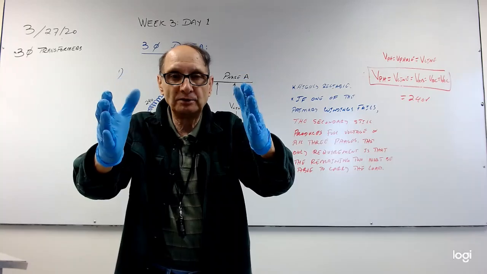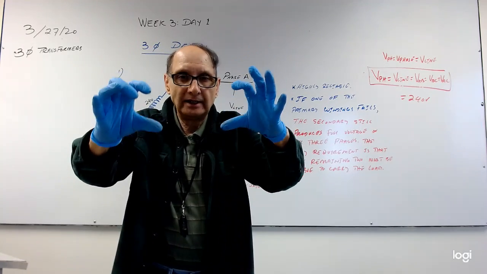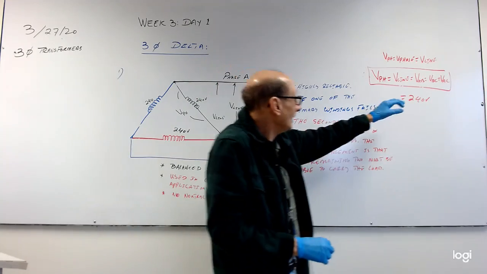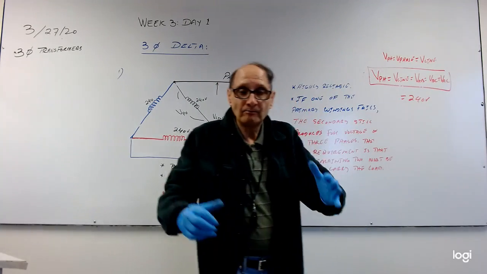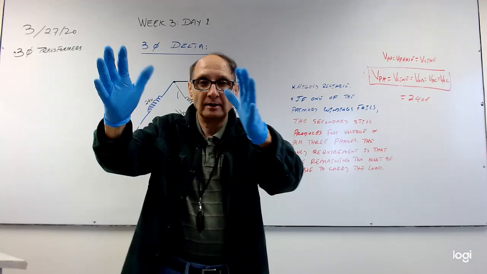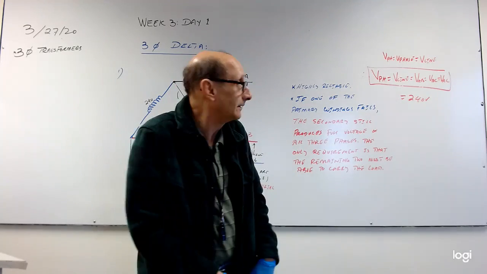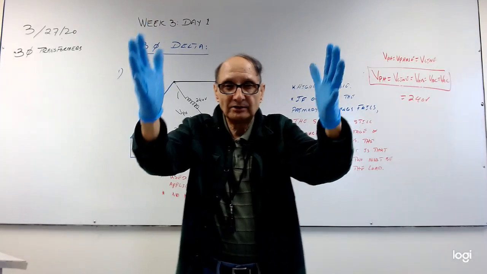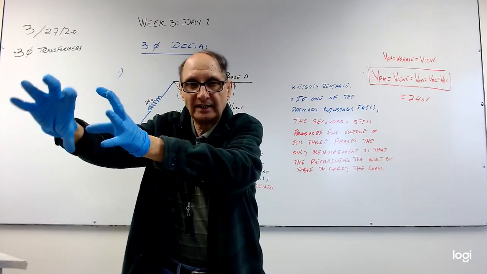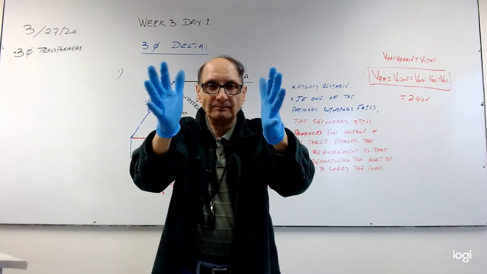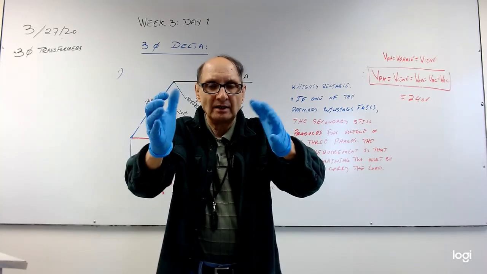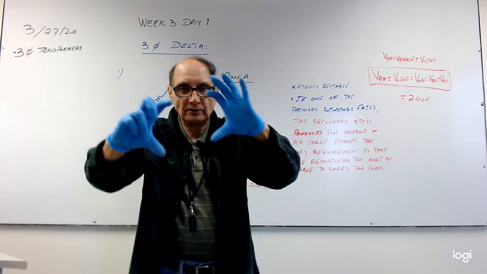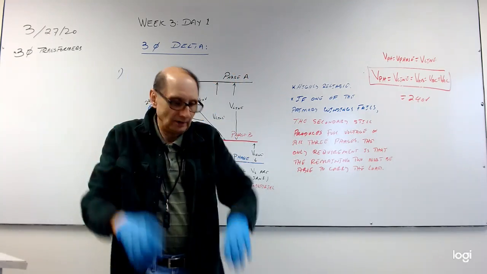VAB is the voltage between line A and line B, or phase A and phase B. VBC is the voltage between phase B and phase C, and VAC is the voltage between phase A and C. So AB, BC, AC, they are the line voltages between 2 points. There is no neutral here. So it's line to line, or line voltage.